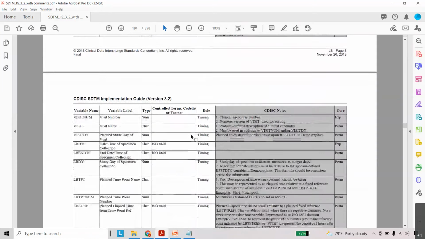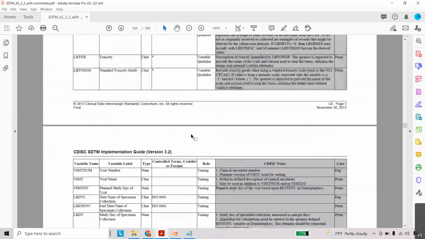Next one is LBTOX. LBTOX is the toxicity of a particular laboratory grading. There is some grading present, and usually we follow the NCI CTCAE grade. So we have two variables here, toxicity and toxicity grade.